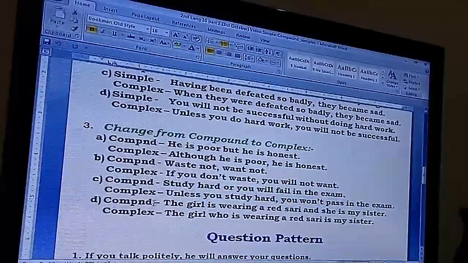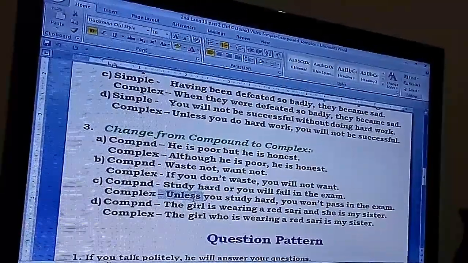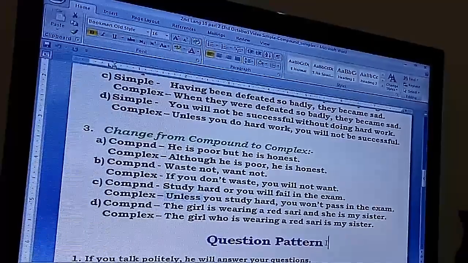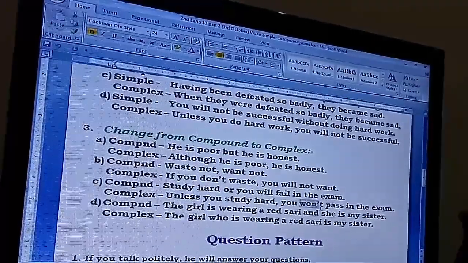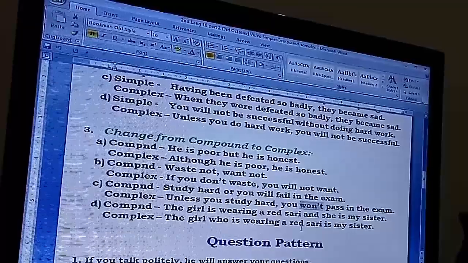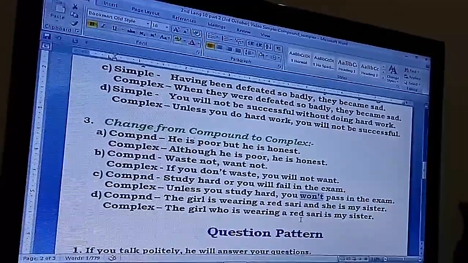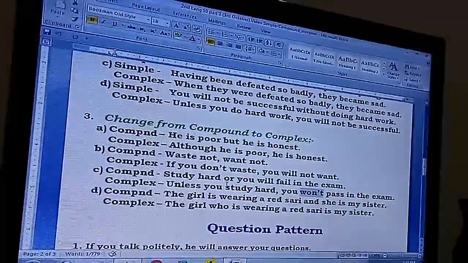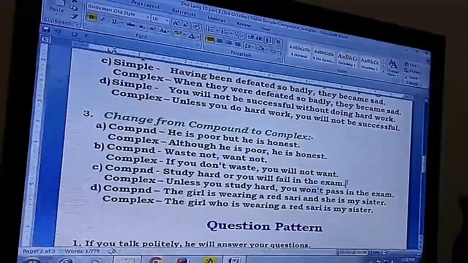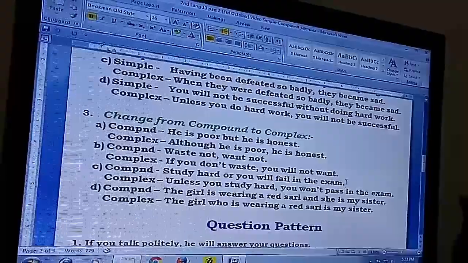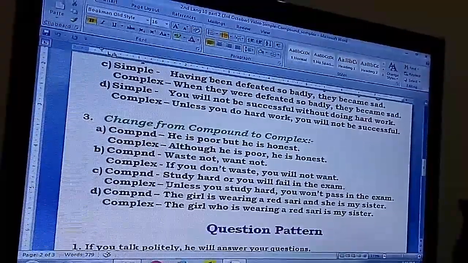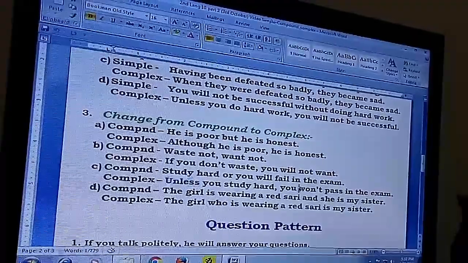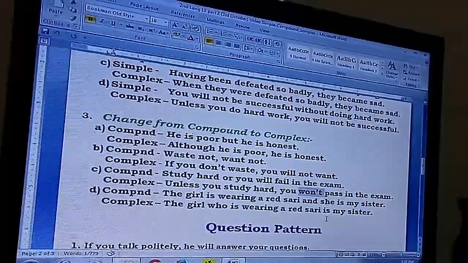Point to be noted. When you use "unless", it's a negative form, so you have to bring another negative on this side. We say this is the algebraic method, like two negatives make one positive. "Study hard, you will fail in the exam": there is no negativity in this sentence. But in the complex sentence, it is beginning with negativity, so that negativity has to be cut with another negative.